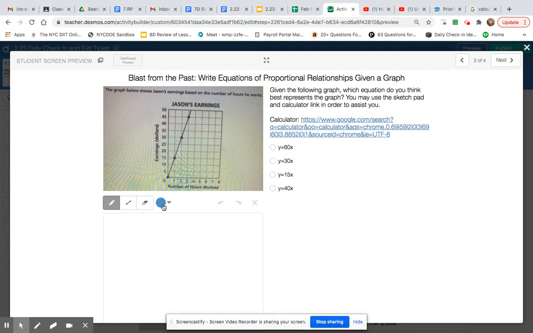I'm going to look at this first point here. This first point here is 1 comma 15. So I'm just going to write it down. 1 comma 15. Okay. The second point is 2 comma 30.